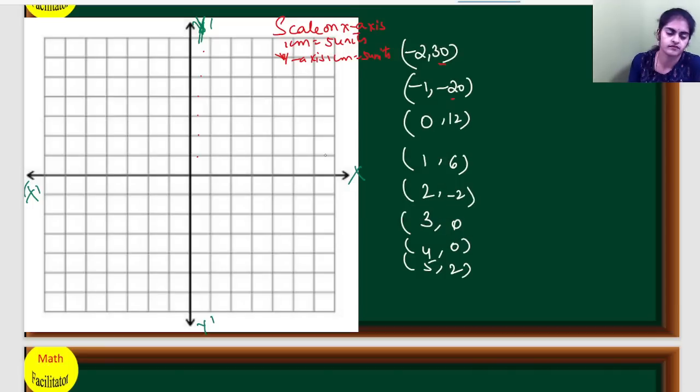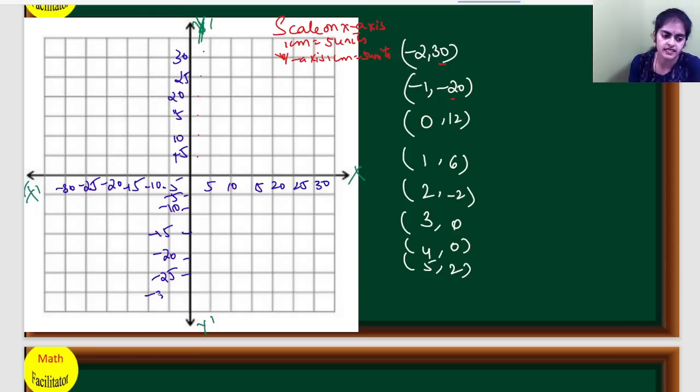So this is 5, 10, 15, 20, 25, 30, minus 5, 10, 15, 20, 25, 30, and on the y axis again minus 5, minus 10, minus 15, minus 20, minus 25 and minus 30.